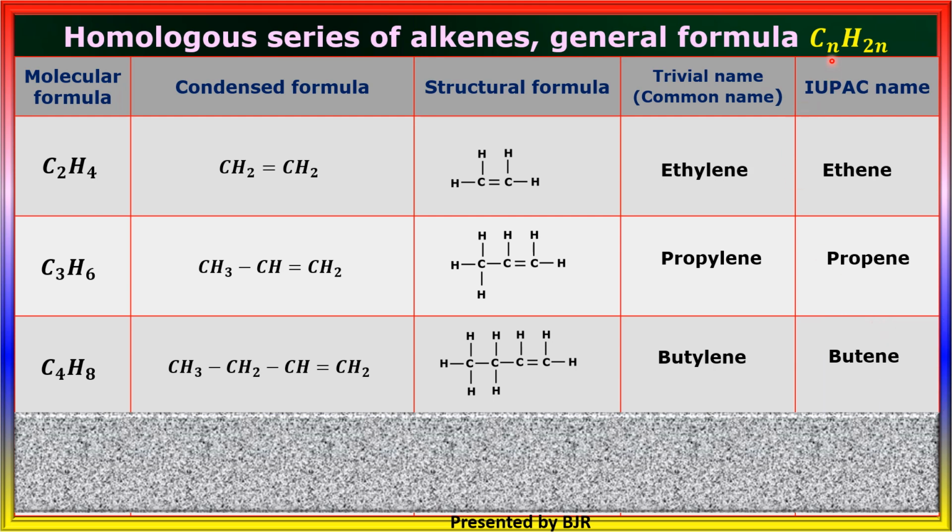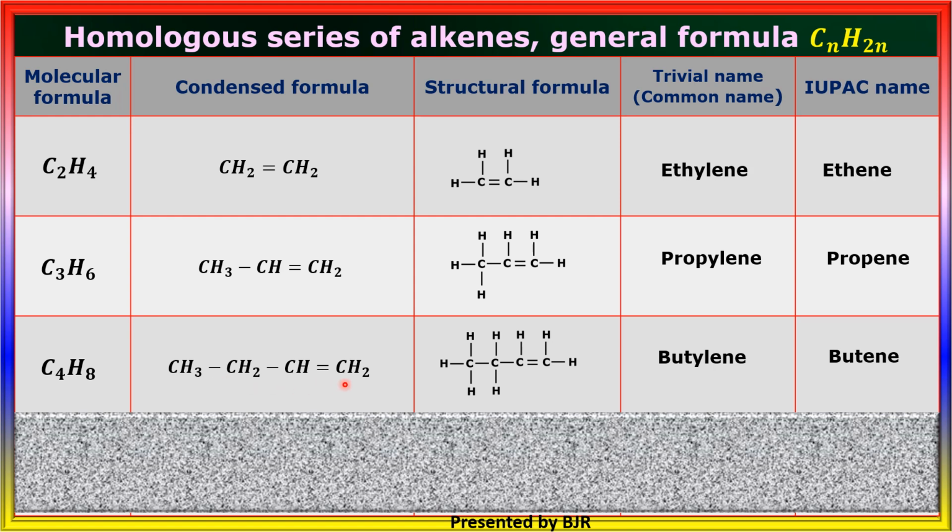When n equals 4, we get C4H8. That is, the molecular formula is C4H8. The condensed formula is this, and here double bond is there between these two carbon atoms, and we can put the double bond anywhere between the two carbon atoms.